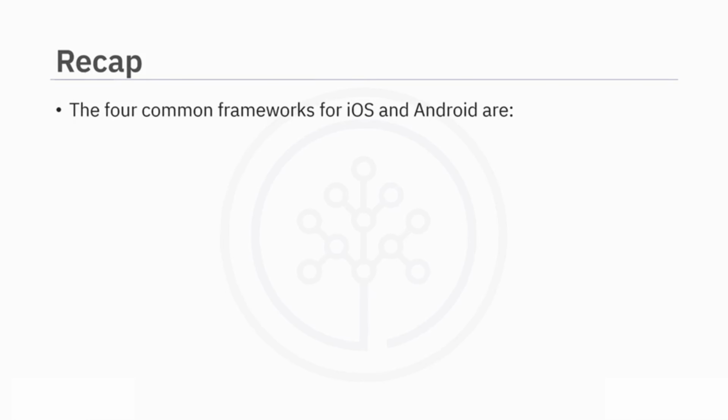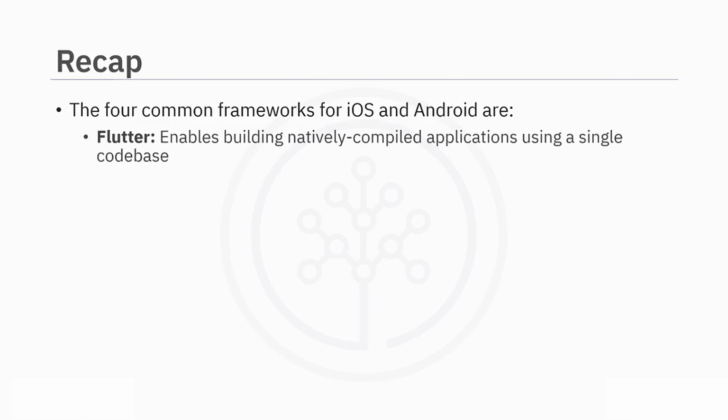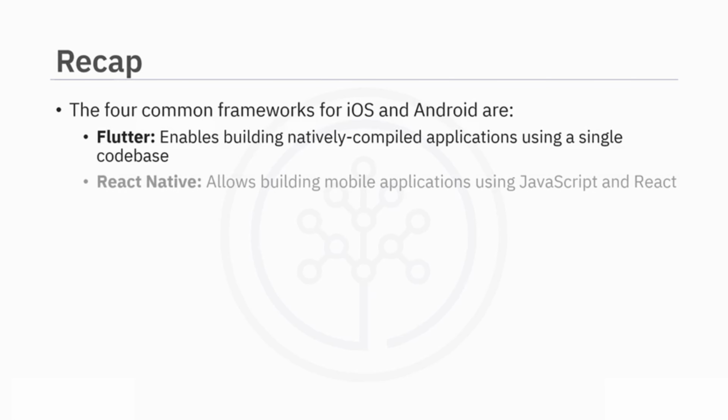In this video, you learned that the 4 common mobile development frameworks for iOS and Android are Flutter, React Native, Xamarin, and Native Development. Flutter is an open-source UI toolkit that enables developers to build natively compiled applications for mobile, web, and desktop from a single codebase. React Native allows developers to build mobile applications using JavaScript and React.